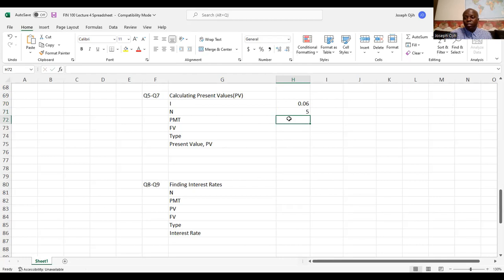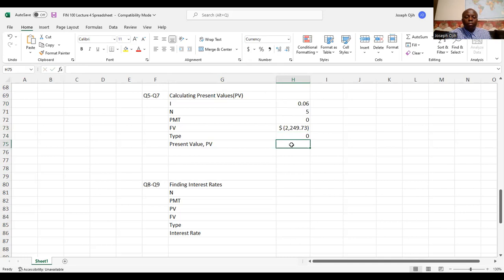There's no payment until it matures, so 0 payments. Future value, they pay you $2,249.73, which represents money leaving their pocket. So you're going to make it negative $2,249.73. Type, you receive this at the end of the period, so it's going to be 0. Remember, this is money, so I'm going to change it to dollar.